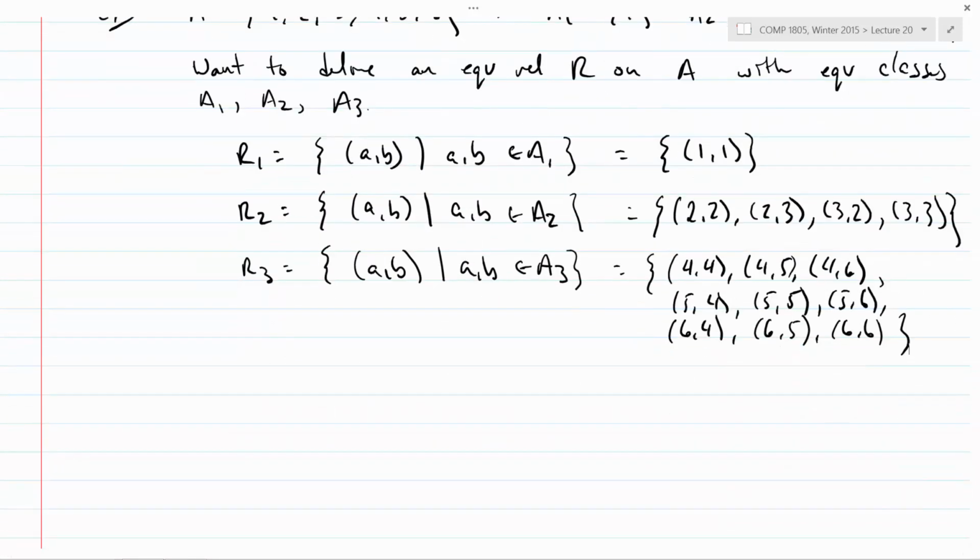So now the relation R we want is R1 union R2 union R3.